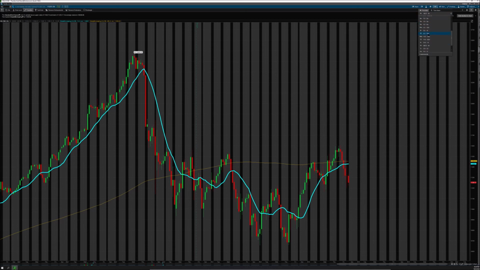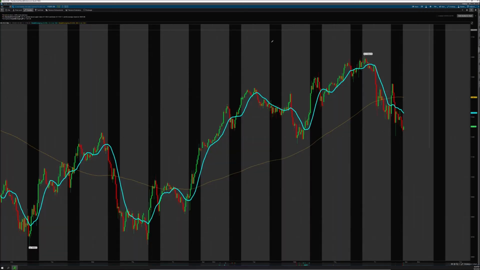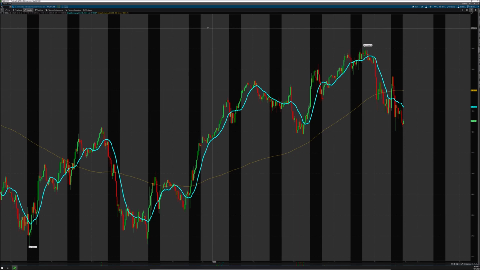We could go to, now we're looking at a 10-day, 30 minutes. So 10-day, 30 minutes, playing the 15 and the 200 SMA on the 30-minute chart.